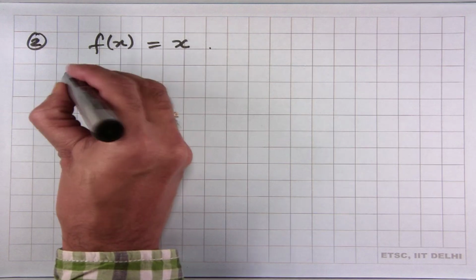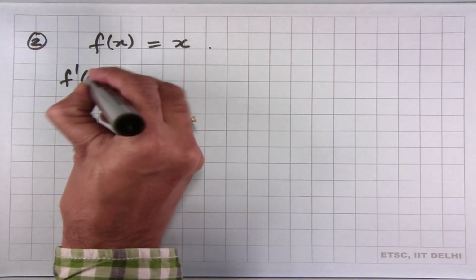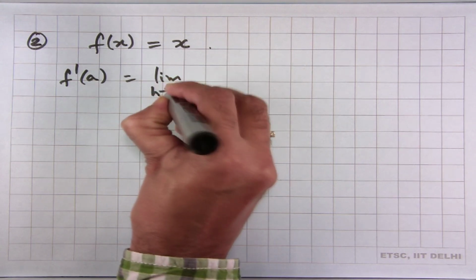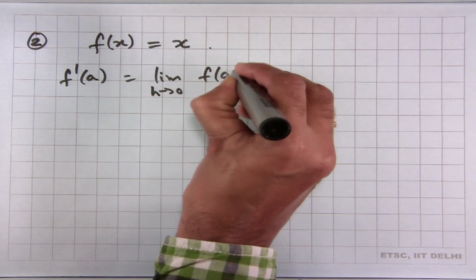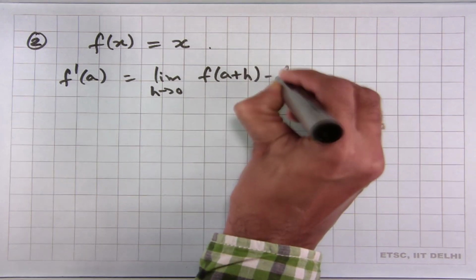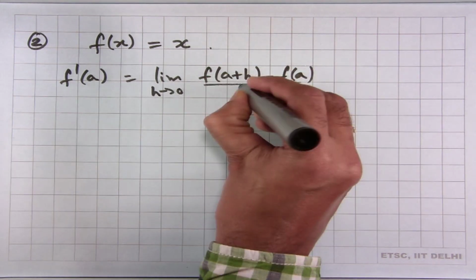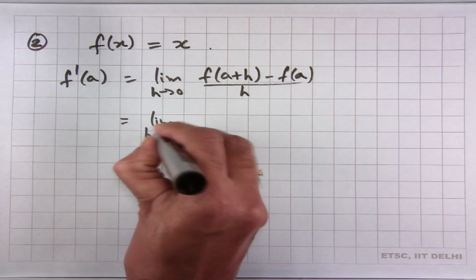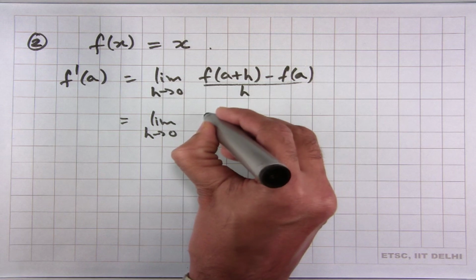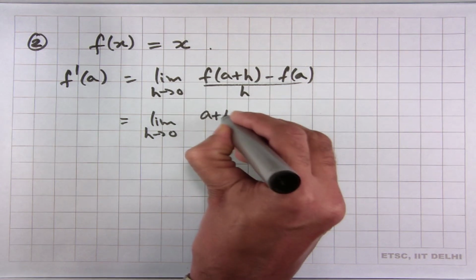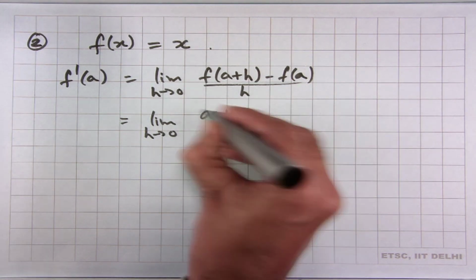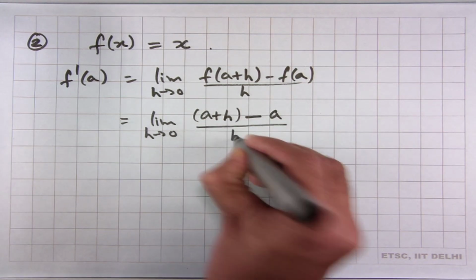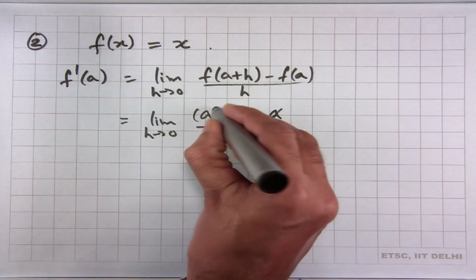So, f prime a is equal to the limit of h going to 0 of f of a plus h minus f of a divided by h, which is equal to the limit of h going to 0, where f of a plus h is a plus h, minus f of a is a, divided by h. Here a and minus a cancel.